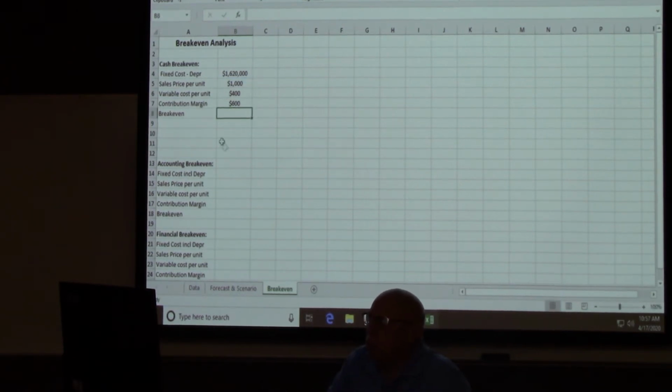Bada bing. All right, and so our break-even in units is equal to this divided by this. Bam, yeah, 2,700 units. Now, we'll go ahead and say this is year 1.